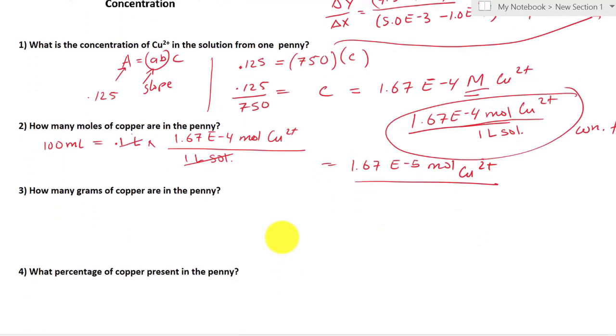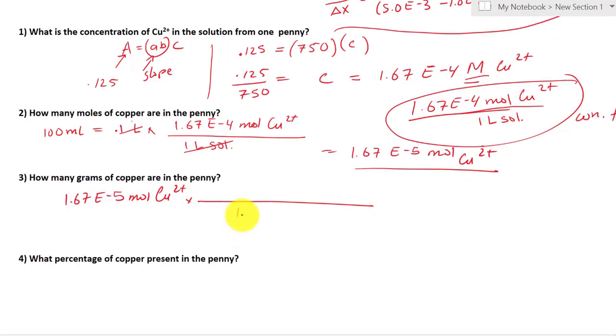Isn't that easy? Now, how many grams of copper in the penny? If you have moles of copper, just convert it by multiplying by the molar mass. So in this case, 1.67 e to the negative 5 moles of copper 2+ times the molar mass. What's the molar mass of copper? Look at your periodic table, and we found that the molar mass of copper is 63.54.